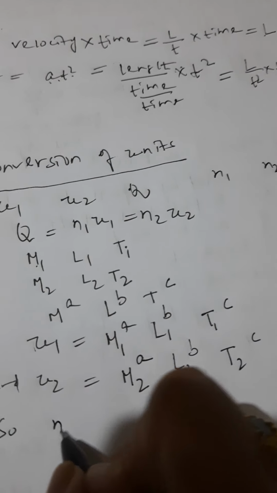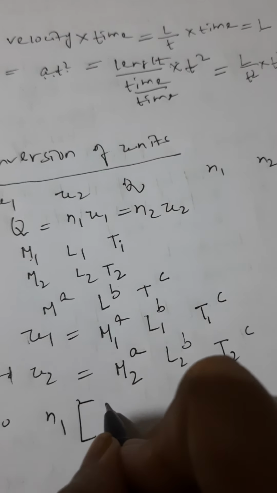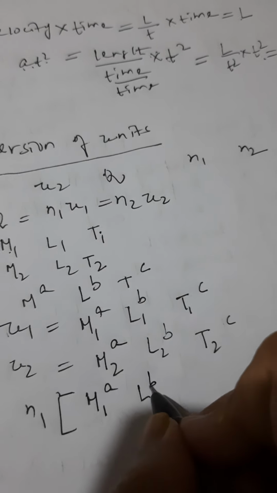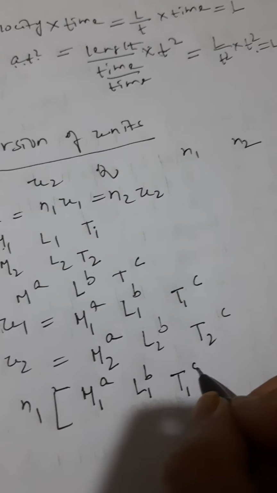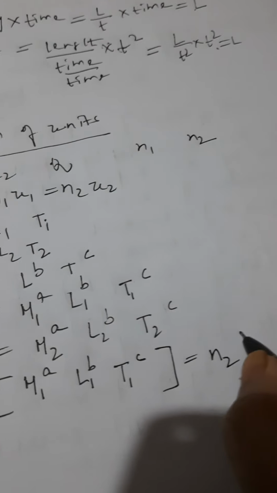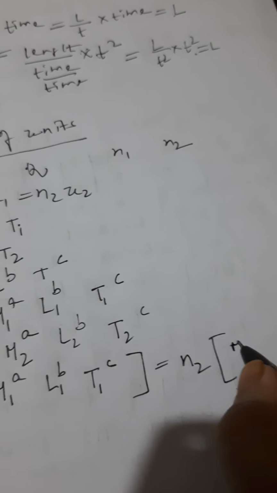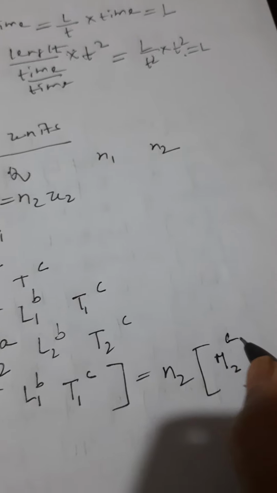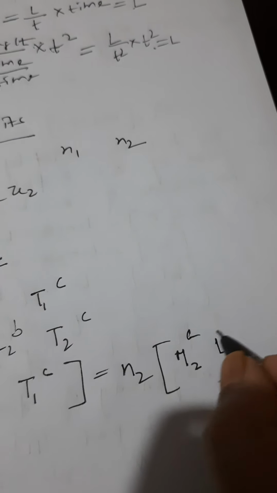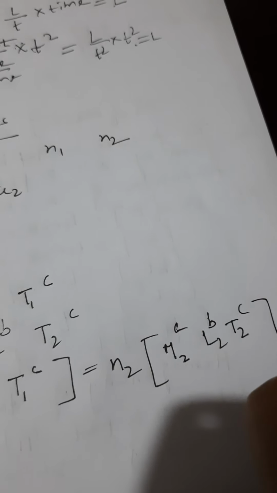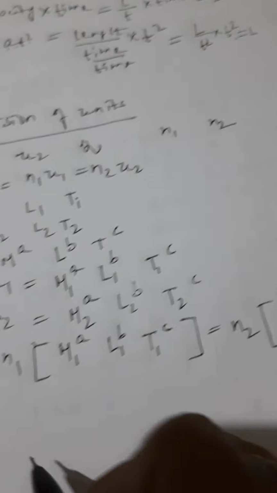So N1 M1 to the power a, L1 to the power b, T1 to the power c is equal to N2 M2 to the power a, L2 to the power b, T2 to the power c.